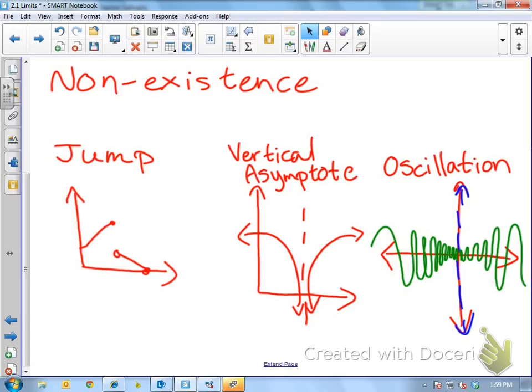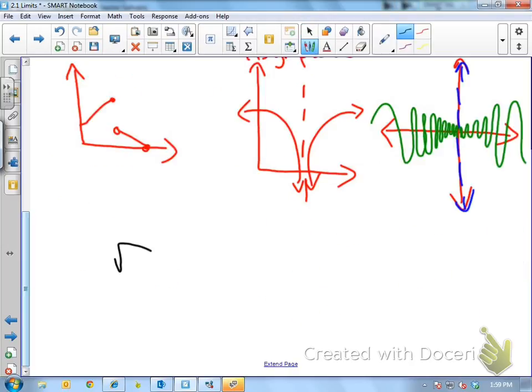So those are the 3 cases where a limit will not exist. Those are the 3 things we have to watch out for, or like I said, domain. If our function doesn't have a domain, a good example is a square root function. If I said square root of x, once again we have to think back to pre-calculus, what's that look like?